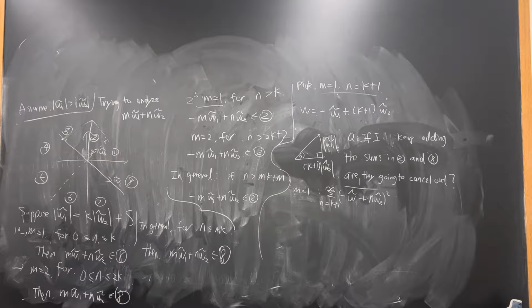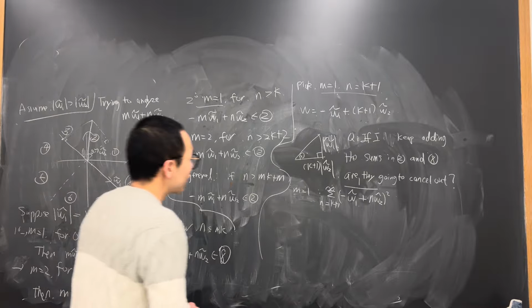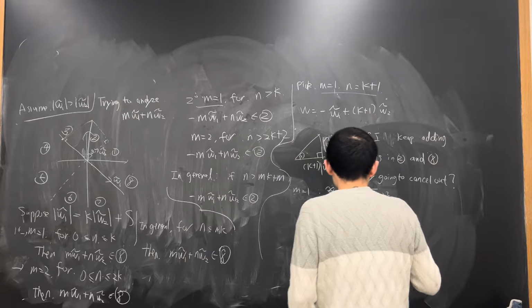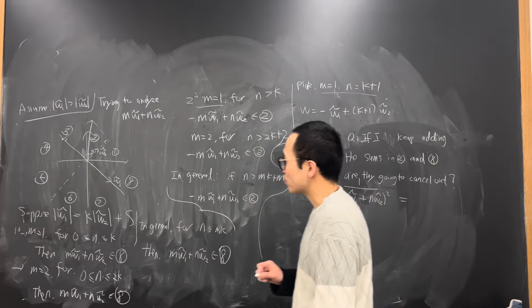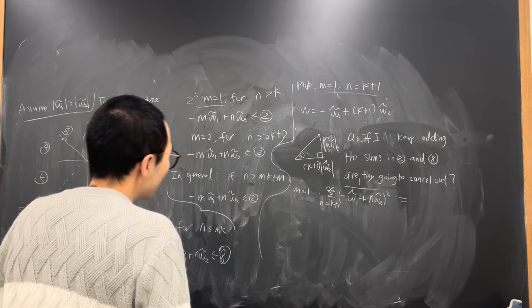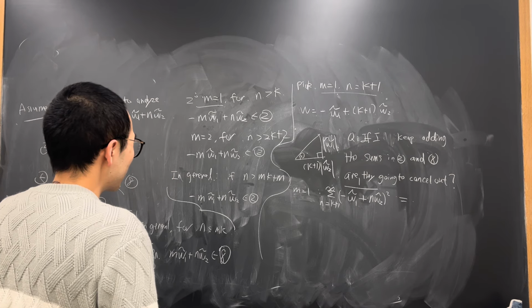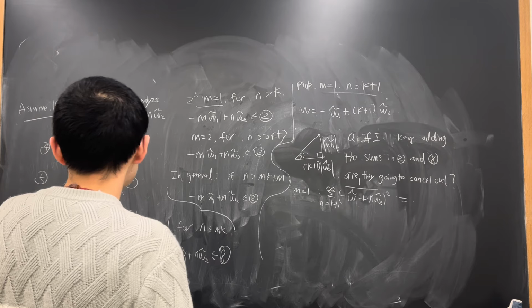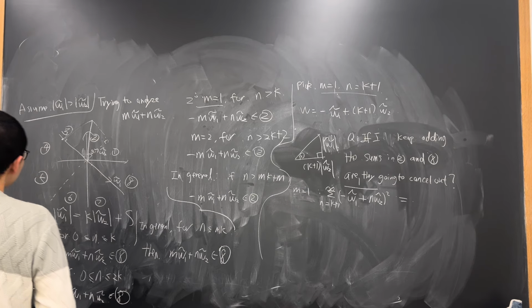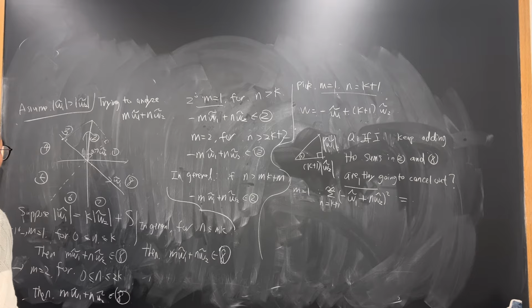So I need to find a way to give me the corresponding angle. How do I find the corresponding angle if I have omega 1 and also this n omega 2? Is there any way that I can find this angle here?